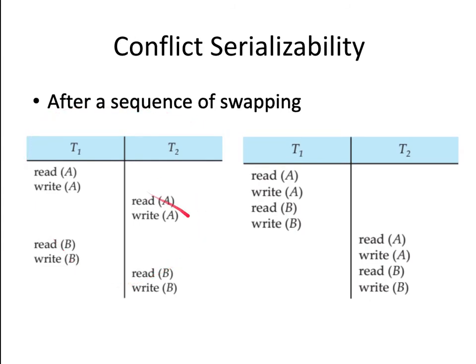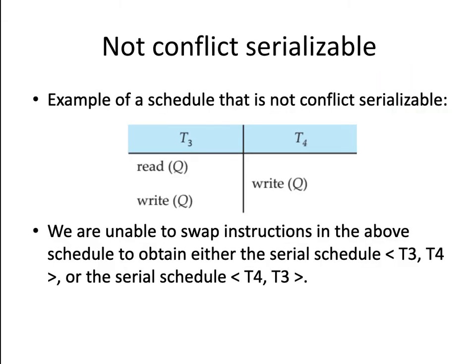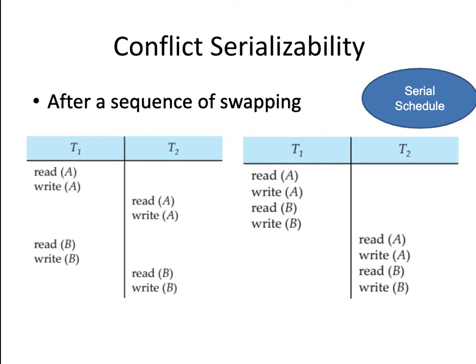After a sequence of swapping, we have converted it to a serial schedule. So we will say that the schedule we were initially having is a conflict serializable schedule. I hope it is okay with you. So finally we are able to convert our schedule to a serial schedule.